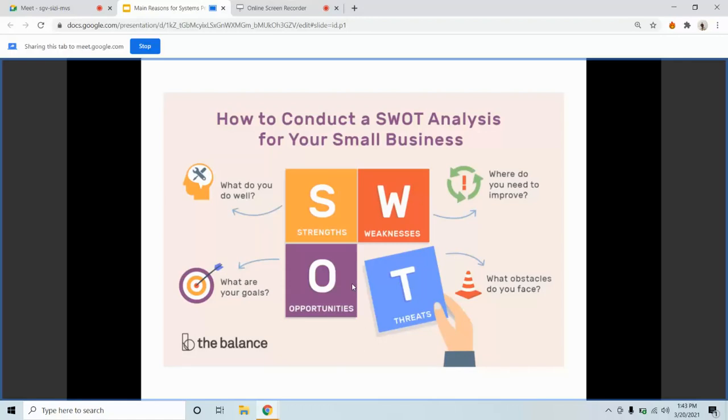Unsa nga analysis, ang tawag SWOT analysis. So lantawon sa organization unsa iyahang strength, lantawon sa organization unsa iyahang weakness. Okay? So lantawon sa organization unsa iyahang strength. So we value our strength, we make sure that it stays the same, if not better. Okay? And then lantawon sa organization unsa iyahang weakness.